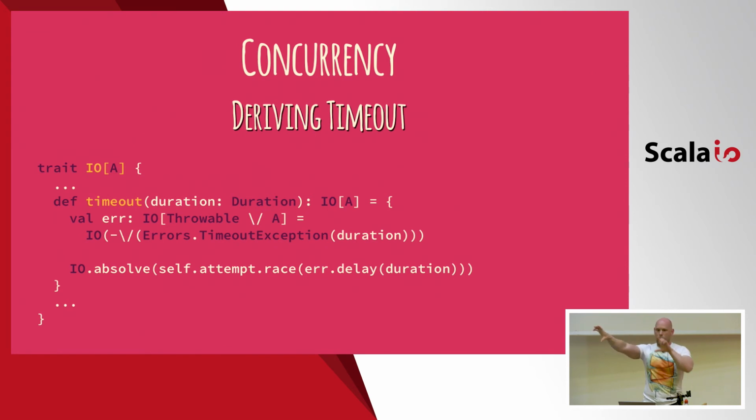And then we take that and we erase it with the computation that we're timing out. And then one of those is going to finish first, either the timeout, because it took too long, or the computation will succeed and the timeout's at some point in the future. And then we end up chopping off the other one and throwing it away.